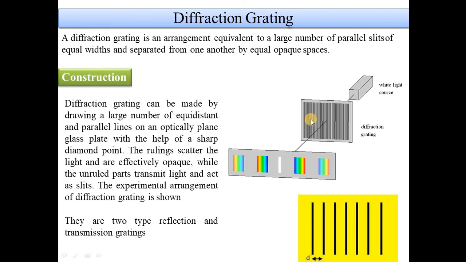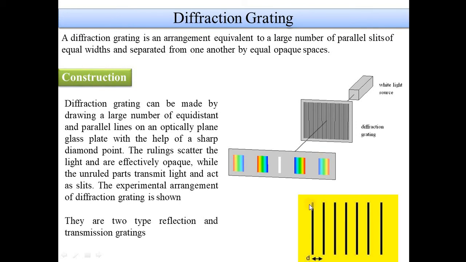The region where we put the lines will be opaque to the light and they are known as opacities, and the other region where there is no carving, where no lines are drawn, will be transparent to the light and acts as a slit. That region is called transparencies.